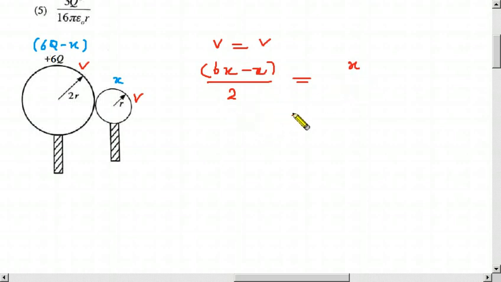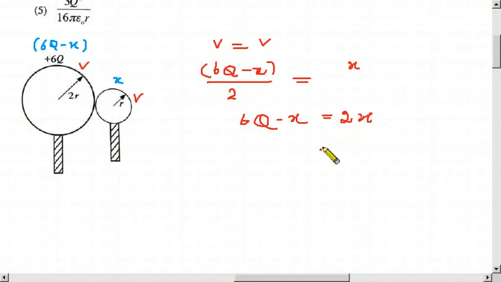Then cross multiplication, then 6q minus x equals 2 times x, because previously it had 6q, x came to the smaller one, so the remaining is 6q minus x.